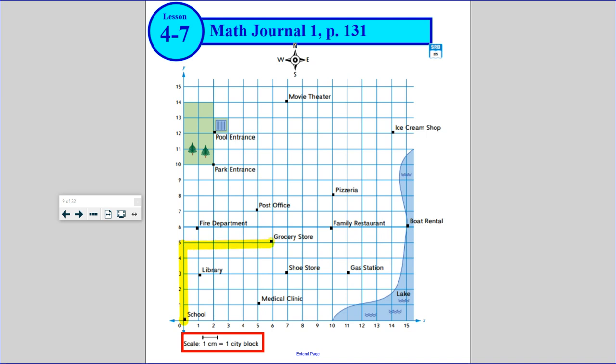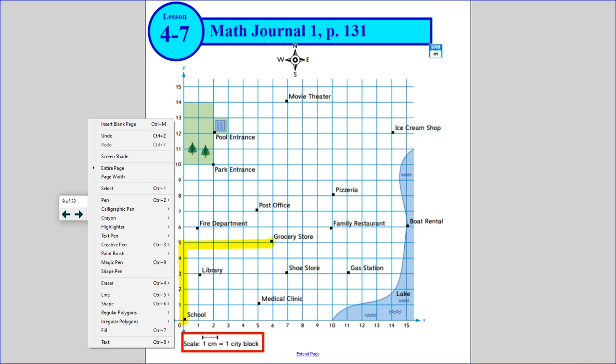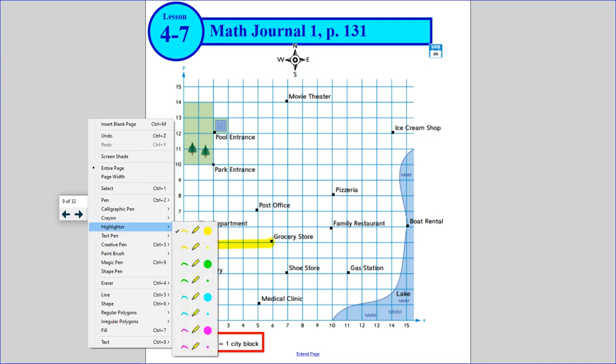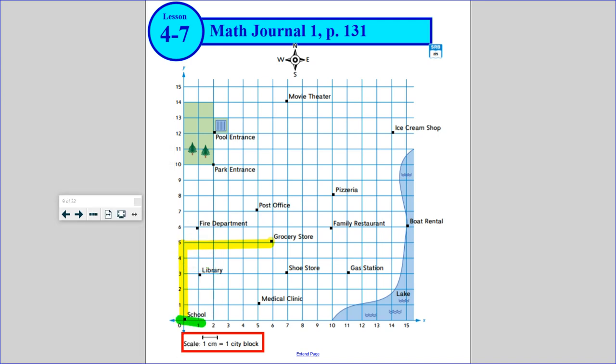Okay? He could also change the color here so you can see the difference. He could also walk over and then up. Okay? So notice down here the scale. 1 centimeter equals 1 city block. So I see that he's going to walk 1, 2, 3, 4, 5, 6, 7, 8, 9, 10, possibly 11.